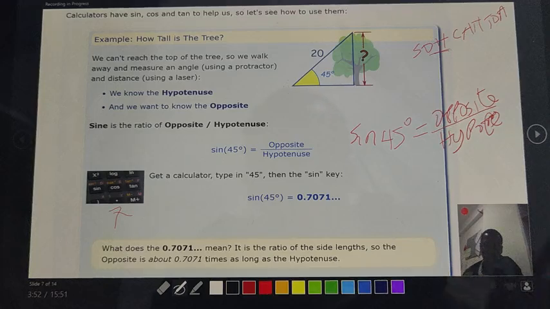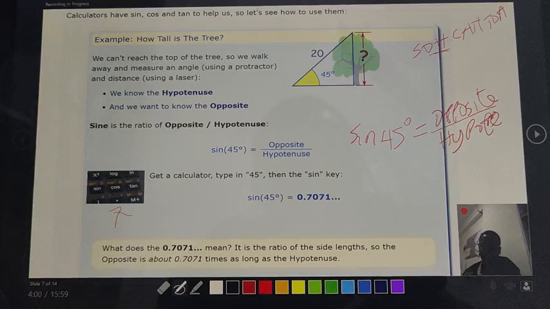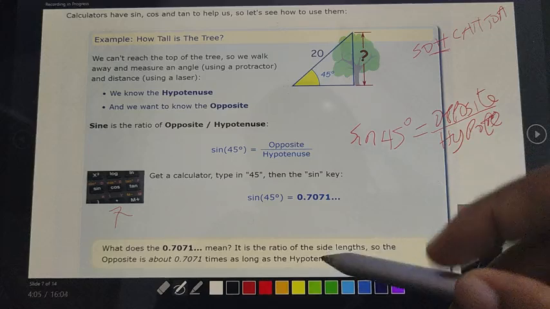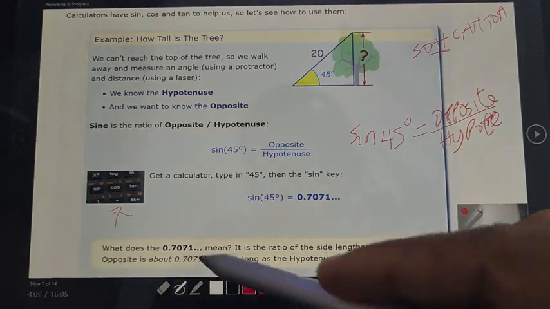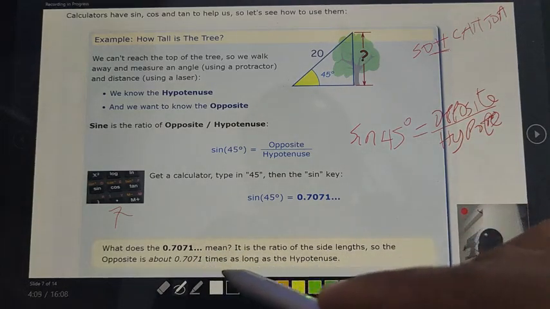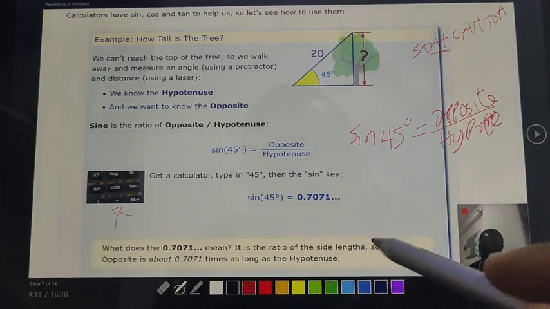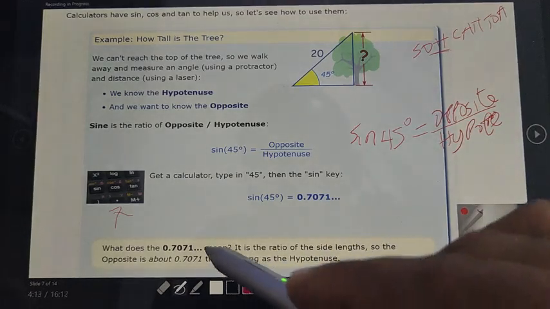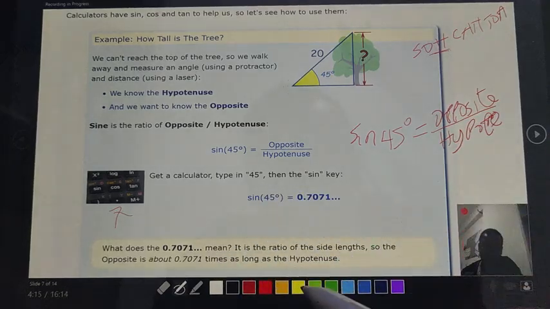So what does the 0.7071 mean? It is a ratio of the side lengths. So the opposite is about 0.707 times as long as the hypotenuse.